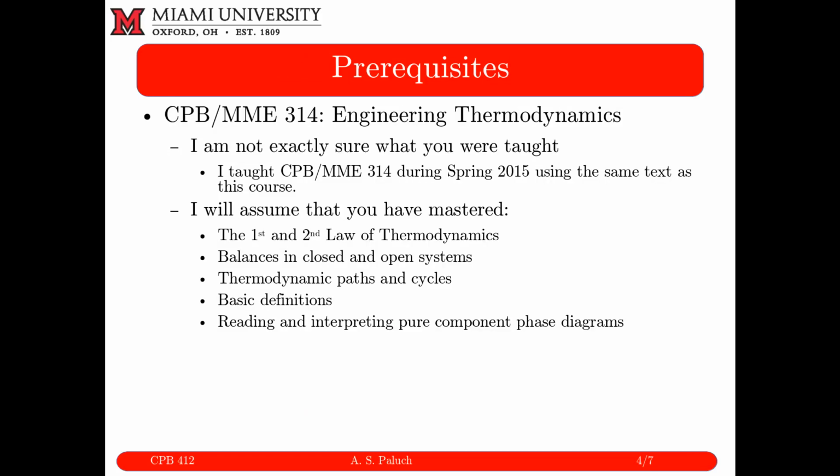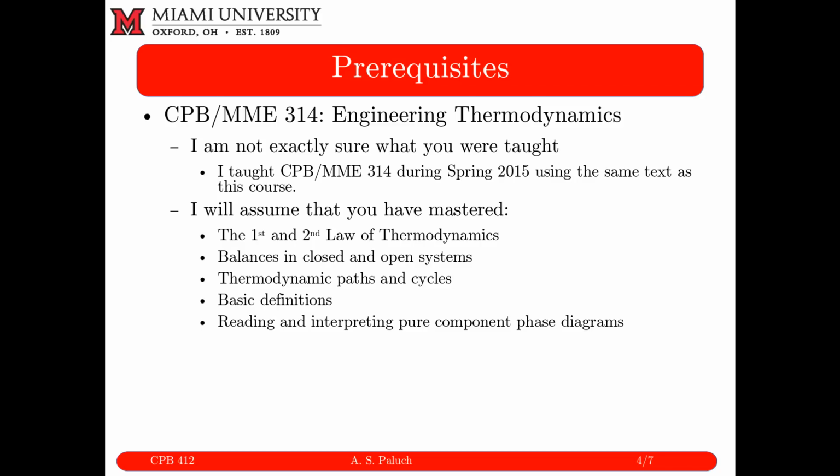In terms of prereqs, the only prerequisite on the books is CPB/MME 314 Engineering Thermodynamics. I'm not exactly sure what you were taught in the course. I taught the course once back in spring 2015. I did not use the Cengel and Boles mechanical engineering book, which is the standard in the course, but instead used the text that we're going to use for this class.